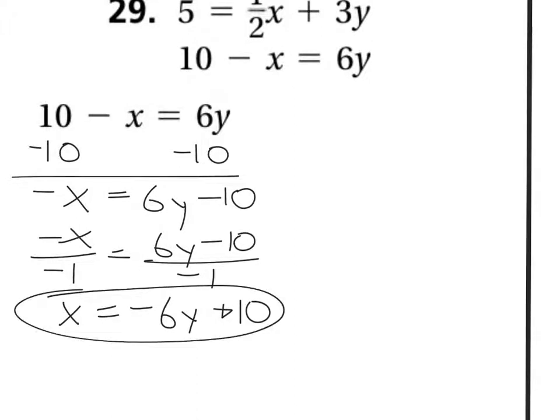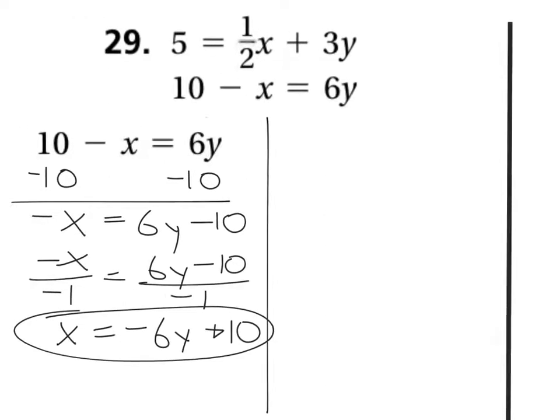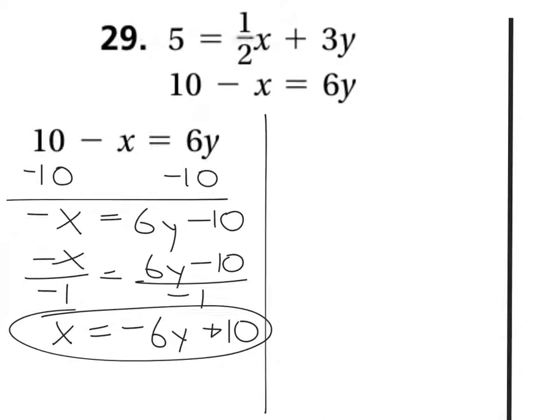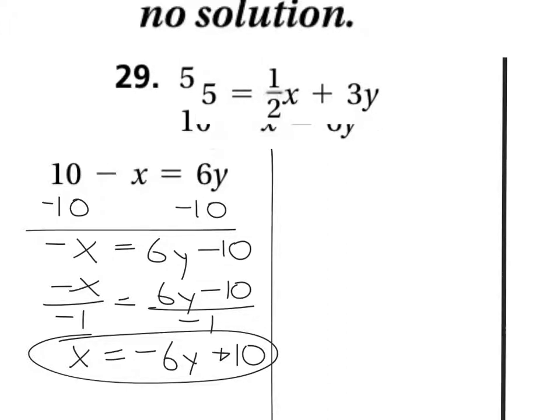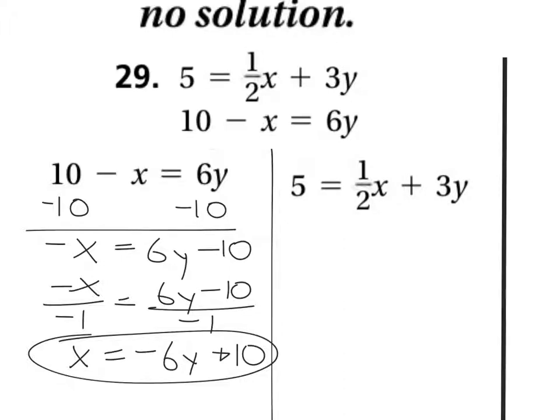Now, what do I do with that? Well, I take the other equation, and let's do a screen grab of it right here. What do we do with that? We're going to say 5 equals 1/2 of whatever x is equal to plus 3y.